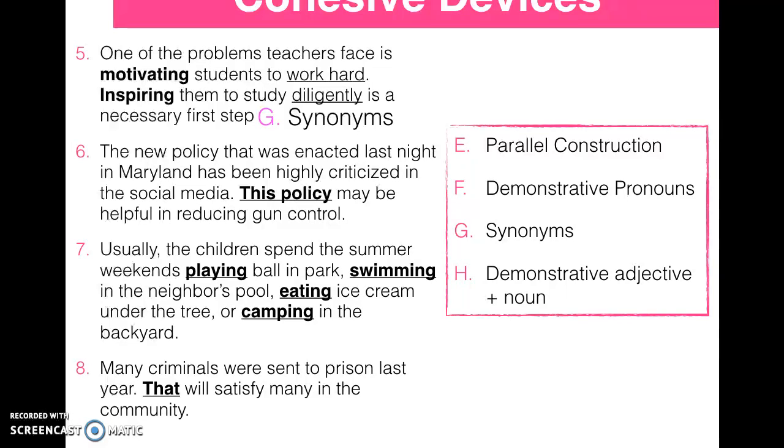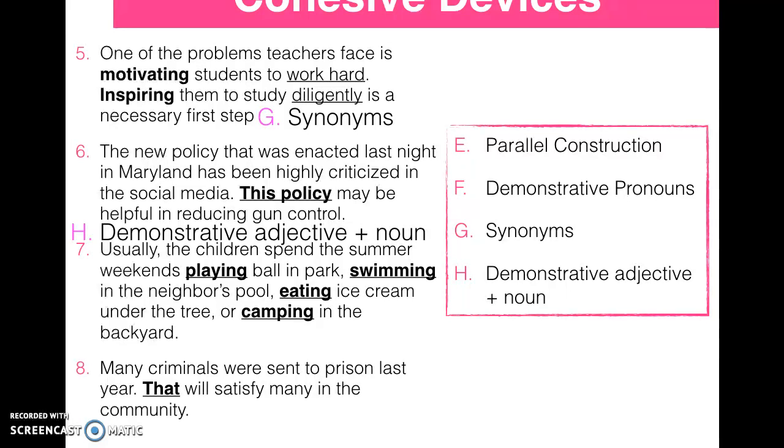Again, avoiding repetition. The next one, this is an example of a demonstrative adjective plus a noun. This is the demonstrative adjective, policy is the noun. Again, the policy has been described in the previous sentence, and we kind of like knit it all together by referring to it as this policy once it has been defined.